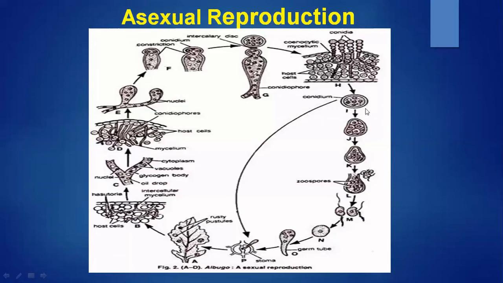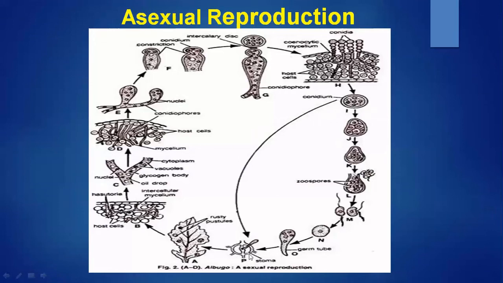With the help of wind it is liberated, and when it falls on a suitable substrate, that is any host tissue, it starts its germination by forming a germ tube. So this is direct germination by conidium.